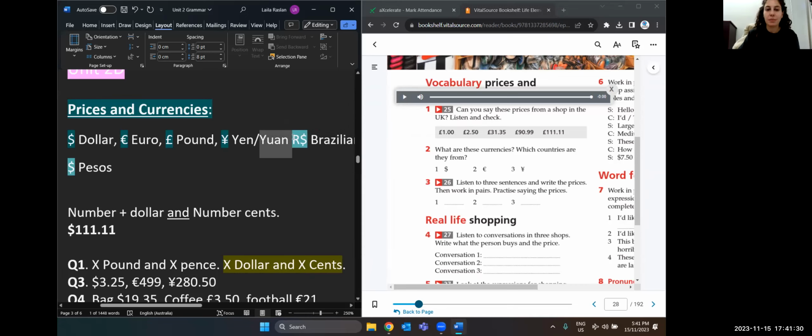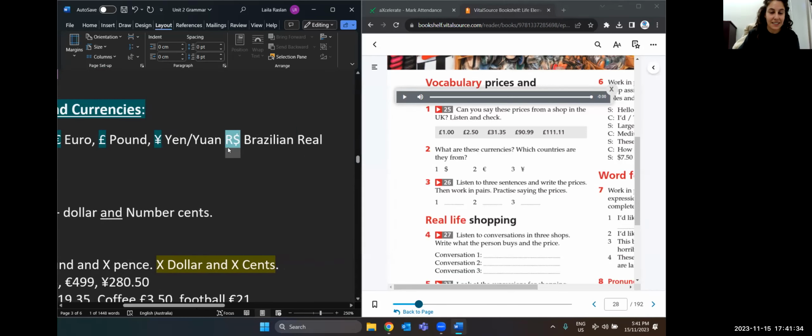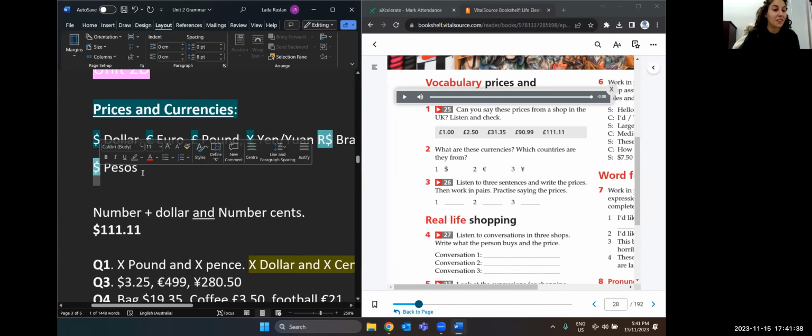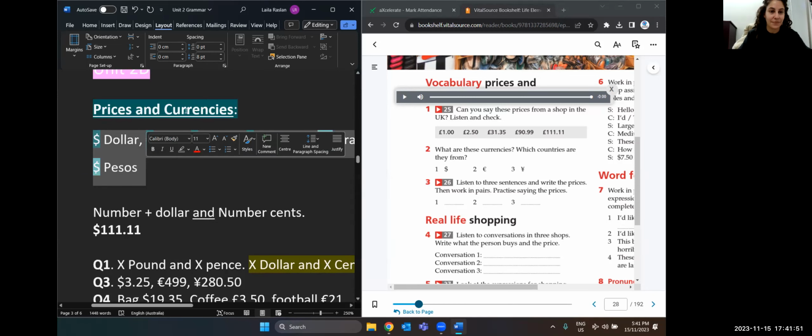And we have many more. We've got the Brazilian real, which looks like this. And the pesos. Even though it looks like the same symbol as the dollar, the peso is used in Argentina, Colombia, a lot of Latin American countries. So they are called currencies.